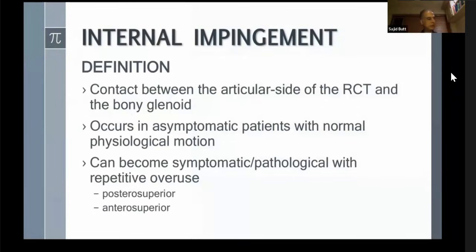Okay, so what's this concept of internal impingement? This is an abnormal contact between the articular side of the rotator cuff and the bony glenoid. Okay, so it happens in patients with normal physiological movement, but becomes a problem in repetitive overuse.